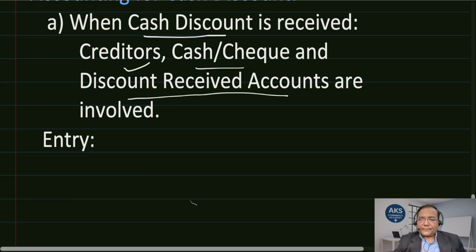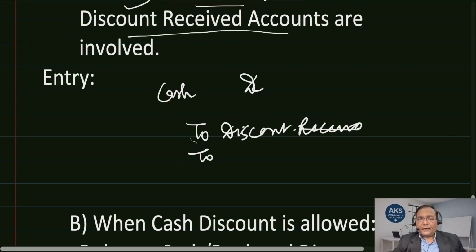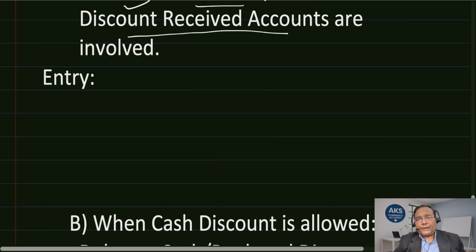Let us say cash discount. When this is the discount received, it is an income. So when we are making payment and availing discount, this is an income.